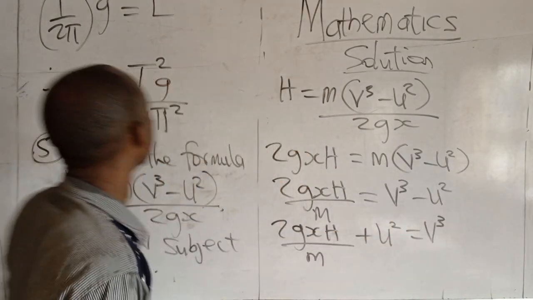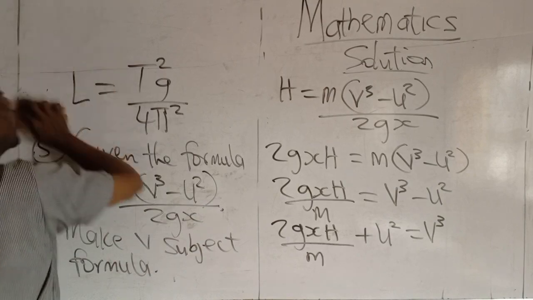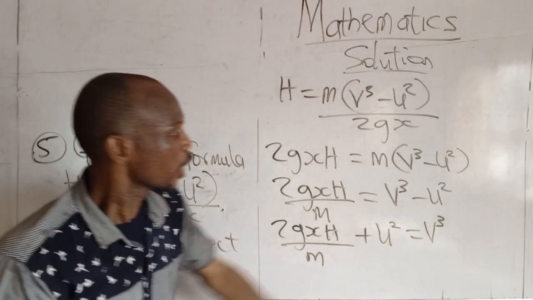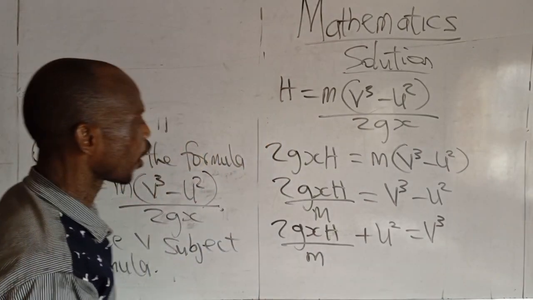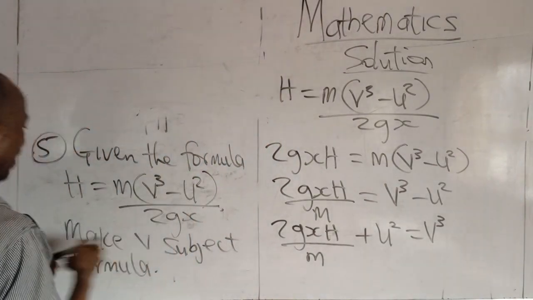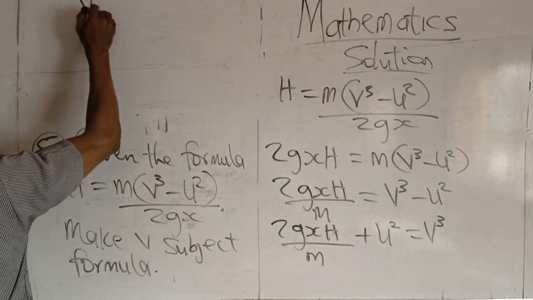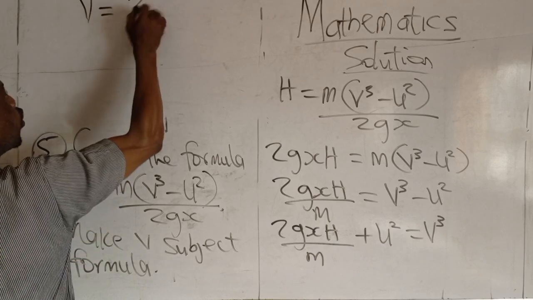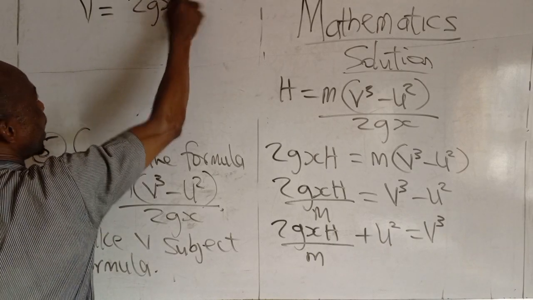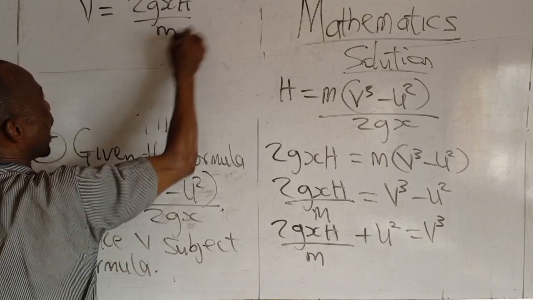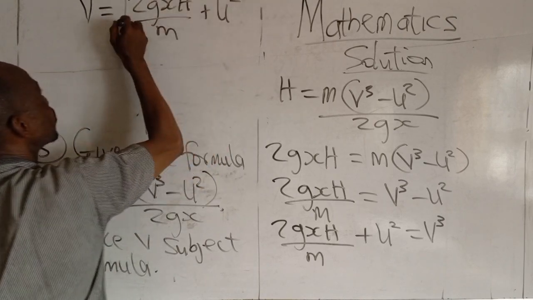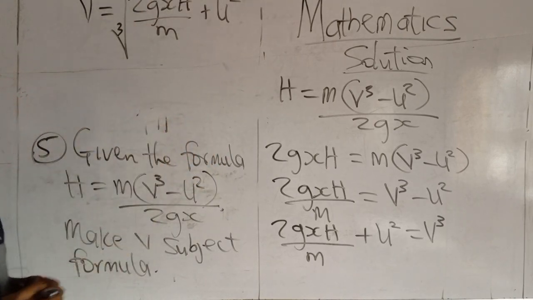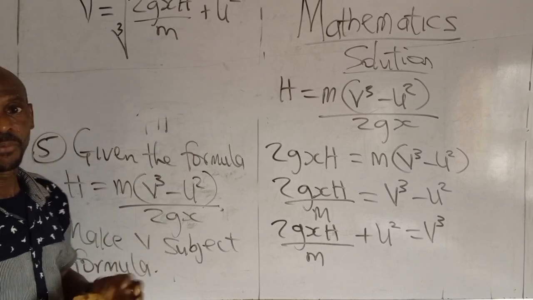To make it the subject, what do we do? Our principle says that you are going to find the nth root of the other side. So we now have our V will now be equal to 2gxH all over M plus what? U squared, to the cube root. So this becomes our what? Answer.